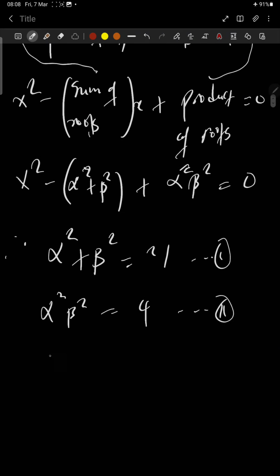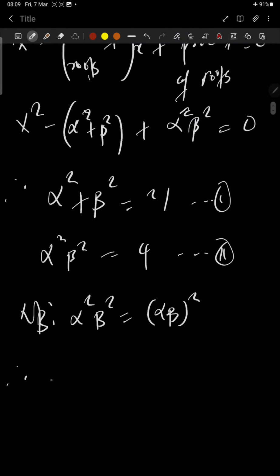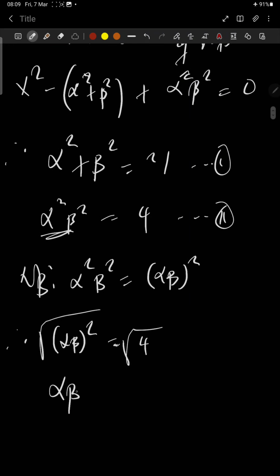Note that alpha squared beta squared can also be written as (alpha beta) squared, where I take the square outside. I can factorize the square outside. So where there is this, I'll replace that. (Alpha beta) squared equals 4. Now guys, how do you remove the square? You square root, meaning your alpha beta will be equal to 2. That'll be your answer.